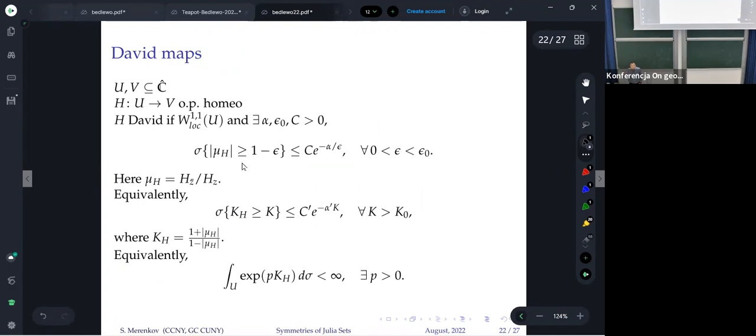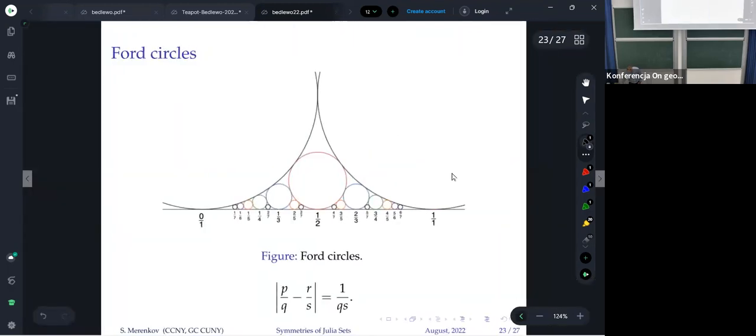It can get close to 1, but in some exponentially controlled way. There are a couple of equivalent definitions for this, and again, I think Sabya is going to discuss this in more detail. In particular, it's exponentially integrable distortion, exponentially integrable dilatation.